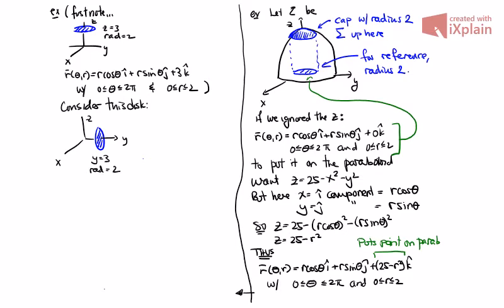We'll just swap some coordinates out, because this is now a disk in the xz sense. So we could do r cosine theta i, put the 3 in the j component for the y value, and r sine theta k. Still the same range: theta between 0 and 2 pi, and r between 0 and 2.